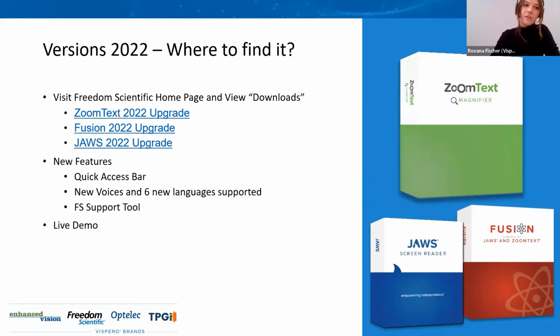ZoomText is the screen magnifier, JAWS is the screen reader, and Fusion is the combined product of a screen reader and screen magnifier. As Fusion is combining both of them, oftentimes there's the question, if you still have vision, which product to choose, ZoomText or Fusion.